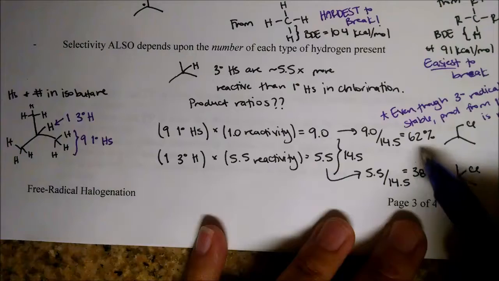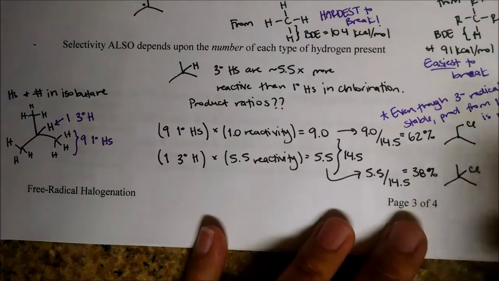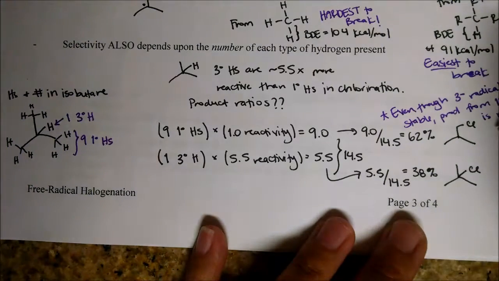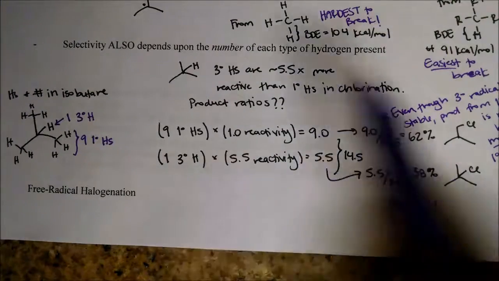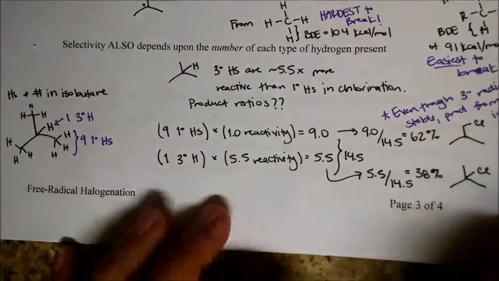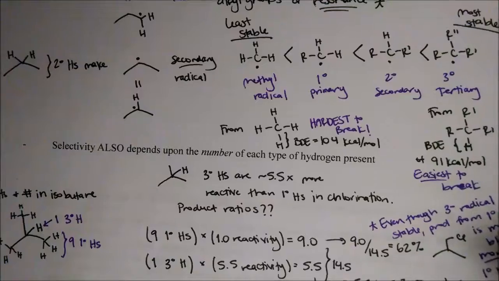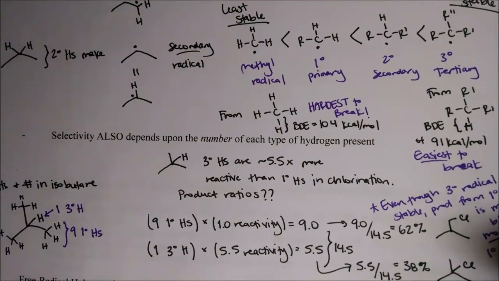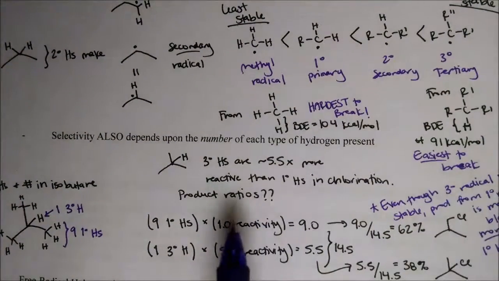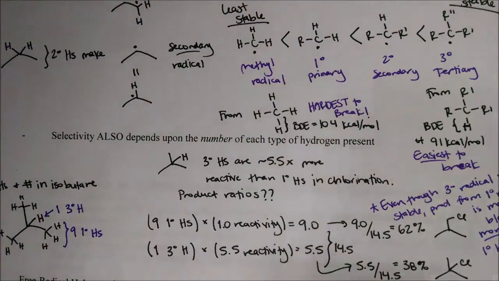It's greater than 50% compared to the other product. And that is simply because there's more primary hydrogens. Okay? So it's both the reactivity and their difference, as well as the number of hydrogens that are present. It's both the stability of that intermediate as well as the number of hydrogens that are present.